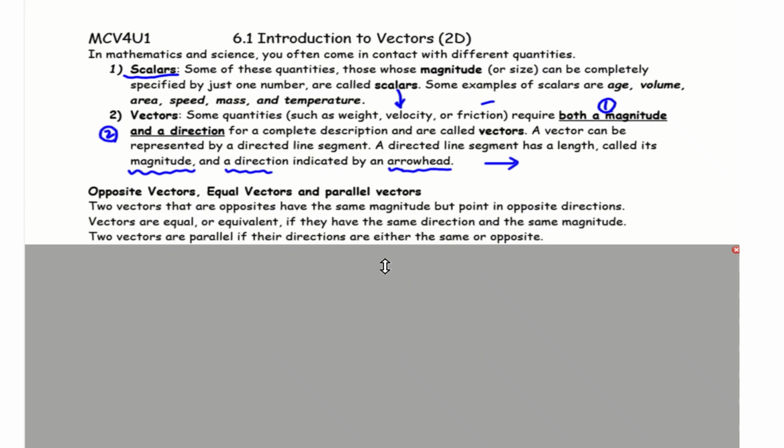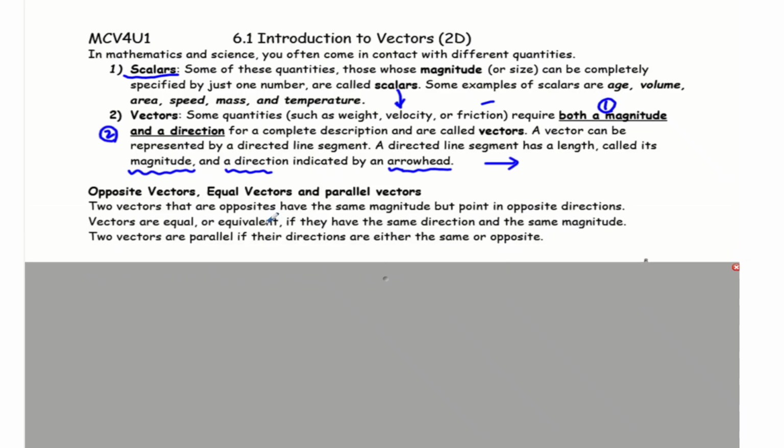Now we are going to see some special vectors, opposite vectors. Opposite vectors have the same magnitude, meaning the lengths of the vectors are equal, but the direction is opposite. We call these opposite vectors.